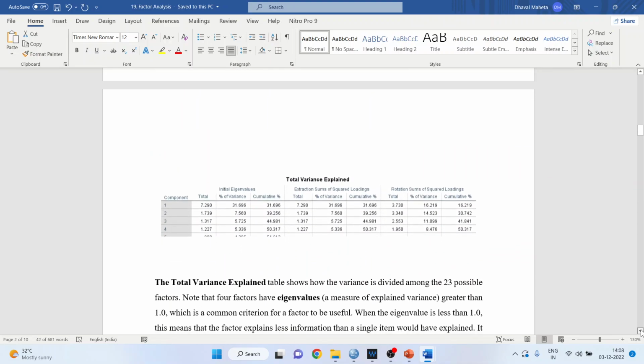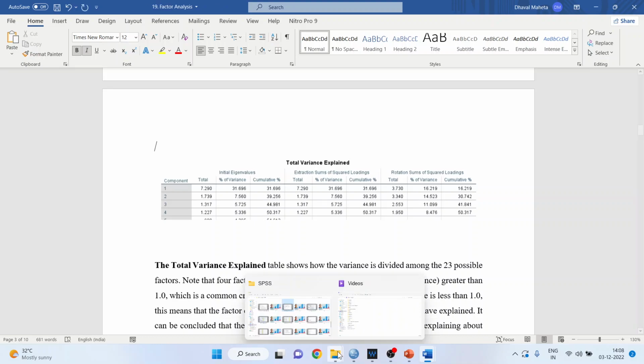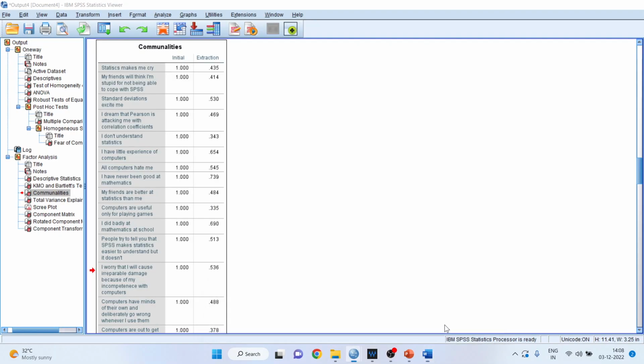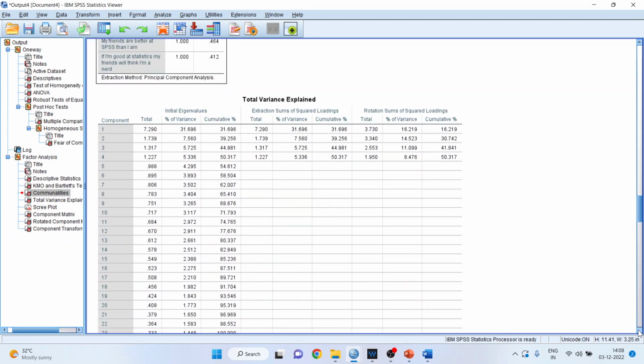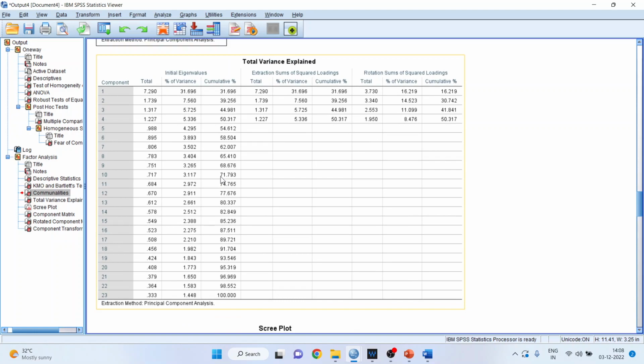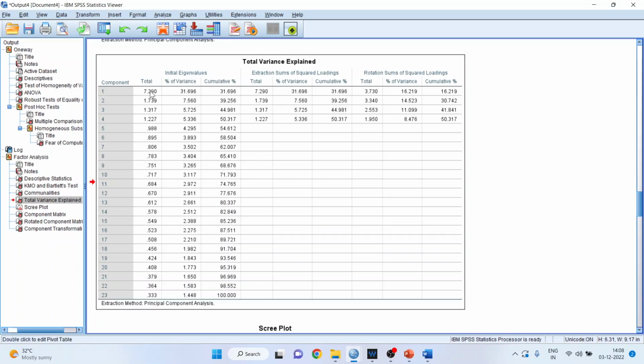The next table which is generated is total variance explained. This I will get from here. When we run factor analysis, it will extract the eigenvalues for 23 statements, 1 to 23.